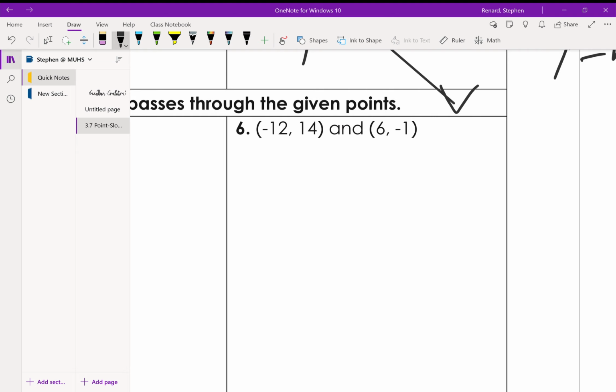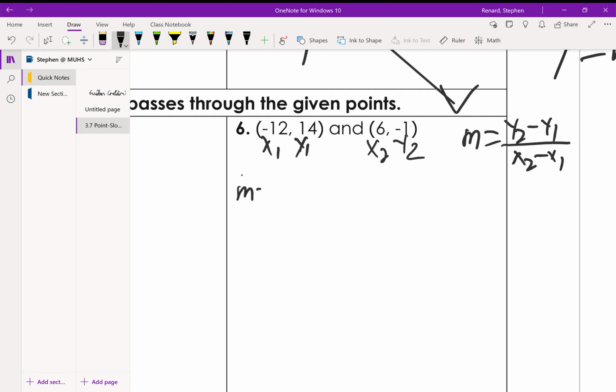It's just neat. So anyway, point slope, we have 2 points, but we need slope. So we've been doing this all week. We're going to take those 2 points and use our slope formula of y2 minus y1 over x2 minus x1. Slope equals negative 1 minus 14 over 6 minus a negative 12.